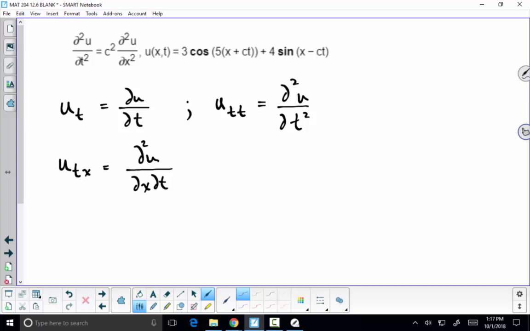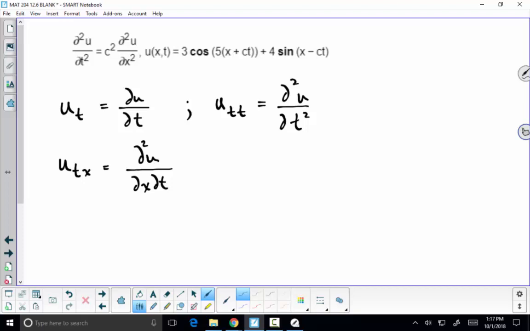This says take the partial of u with respect to t and then partial that with respect to x. So the order is different whether you're using differential or subscript notation. That's one thing to keep in mind. We're not dealing a lot with second order mixed partials, definitely not with the wave equation, so it's not a big deal here, but just as an FYI, beware that those subscripts are different.